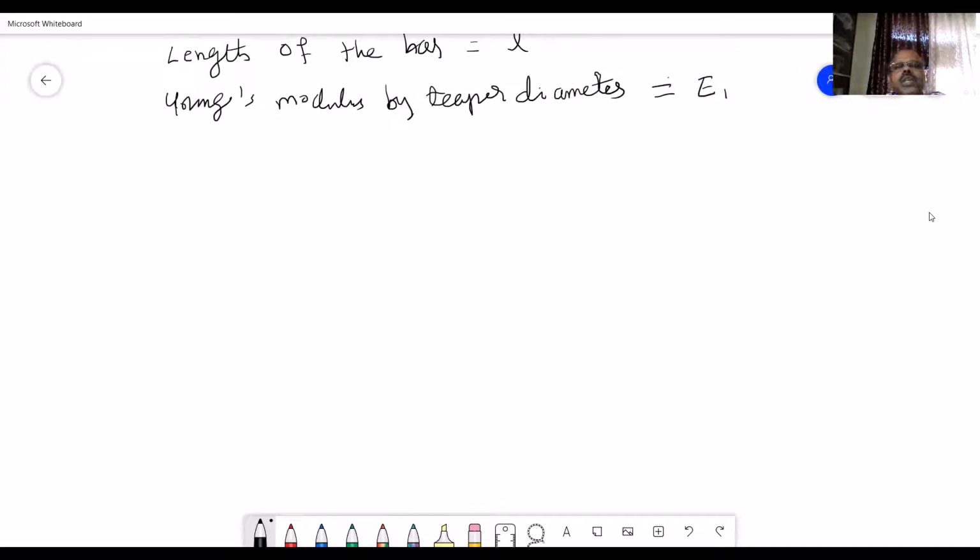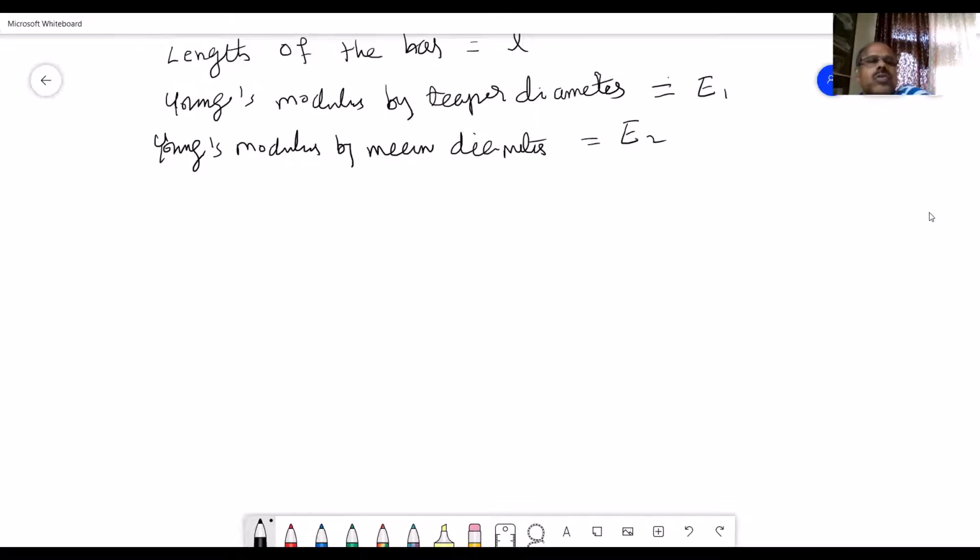Same way, Young's modulus by mean diameter equal to E2. We have to also consider the extension also.